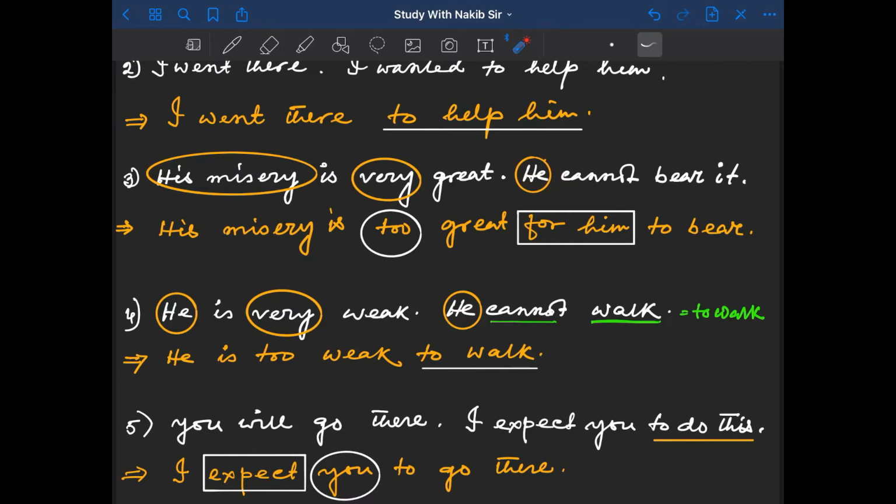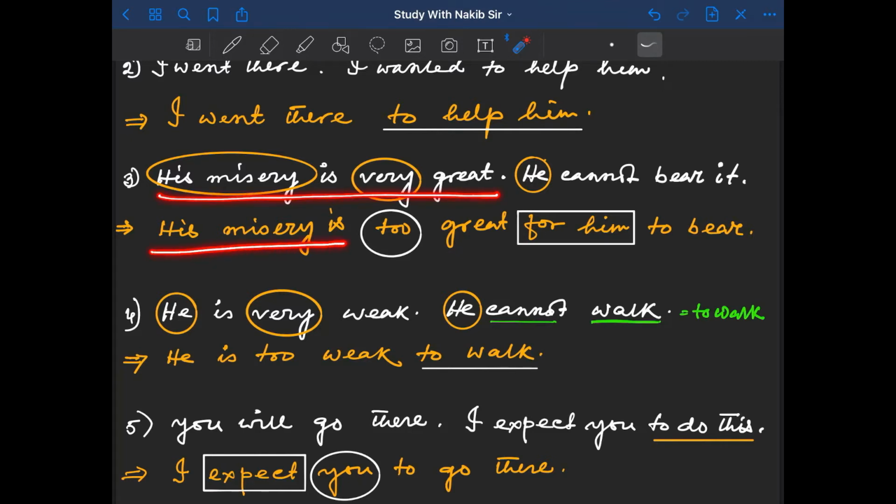So two subjects and two predicates cannot stay in a simple sentence. You must turn the other sentence into a phrase or an infinitive or something else to combine them. Okay, let's see how these two sentences are combined here. His misery is very great. Okay, keep this one first.